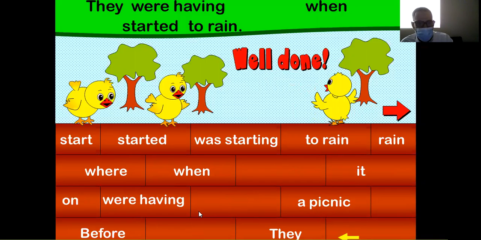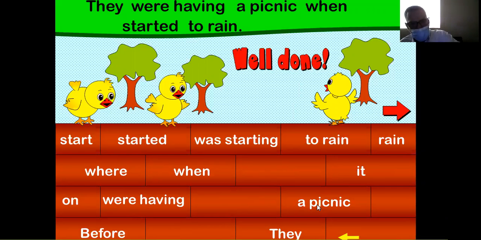Look, they were having a picnic, maybe, when it started to rain. They were having a picnic when it started to rain. This tense, frankly, is a very simple one, and it's a very easy one. So it's clear to understand a short action and a long action, or two long actions happening together.